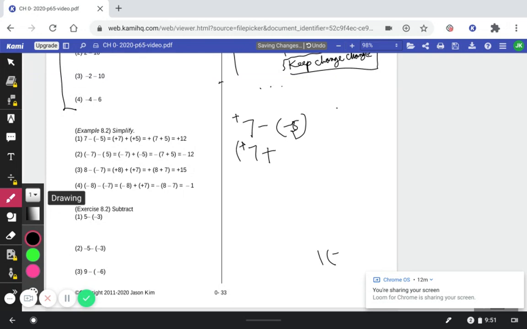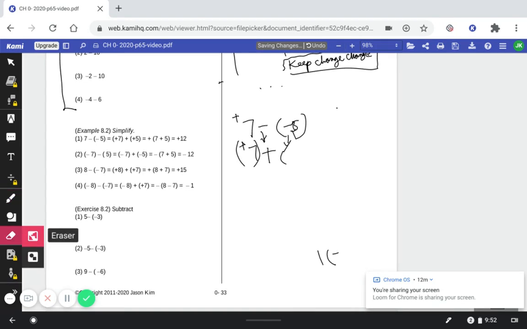So you keep the first one, change the minus operator to an addition operator, and change negative 5 to positive 5. So now you're ready to do the addition, right? Now, what is positive 7 and positive 5?